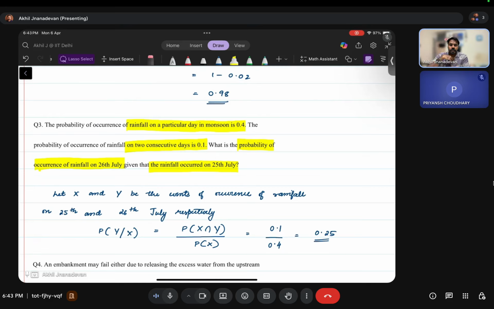For the question's sake, it is already given that the probability that a particular monsoon day is a rainy day is 0.4. How did we get that? We need data of monsoon rainfall days and non-rainfall days, collect samples, do some data analysis and statistics, and come up with these probabilities.